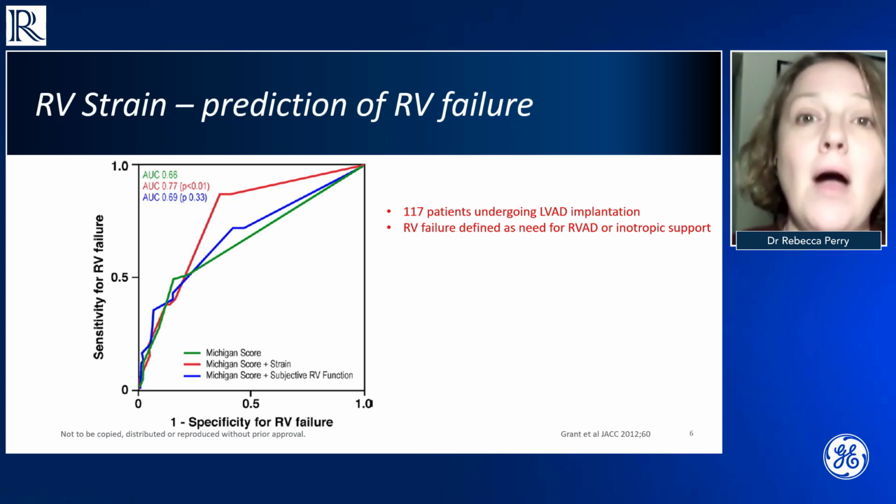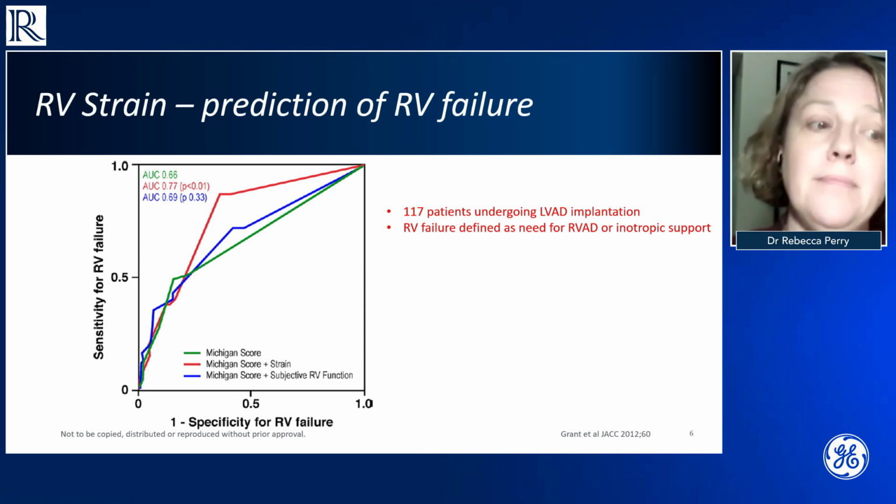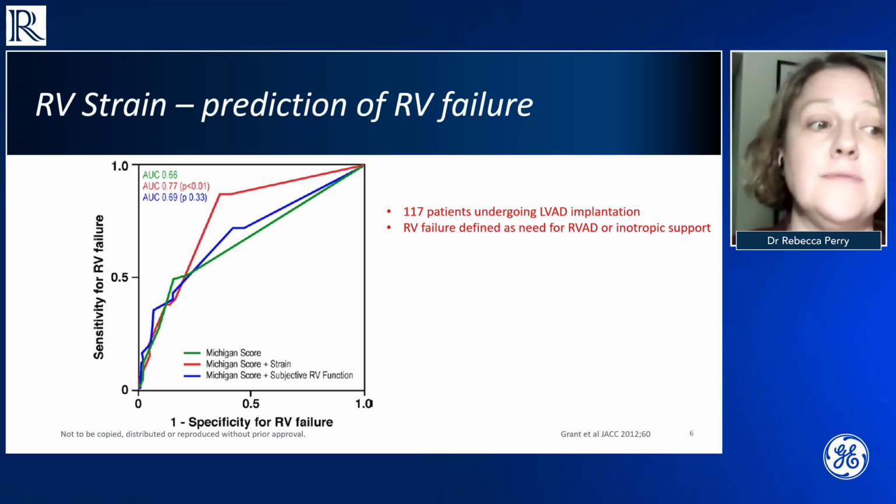They found that a right ventricular free wall strain more impaired than -9.6% was predictive of right ventricular failure. They also looked at the Michigan risk score, which uses clinical and biomarkers to predict the risk of right ventricular failure, and found that the addition of right ventricular strain to the Michigan score gave the highest prediction of development of right ventricular failure post-LVAD, as you can see on the receiver-operator curves.